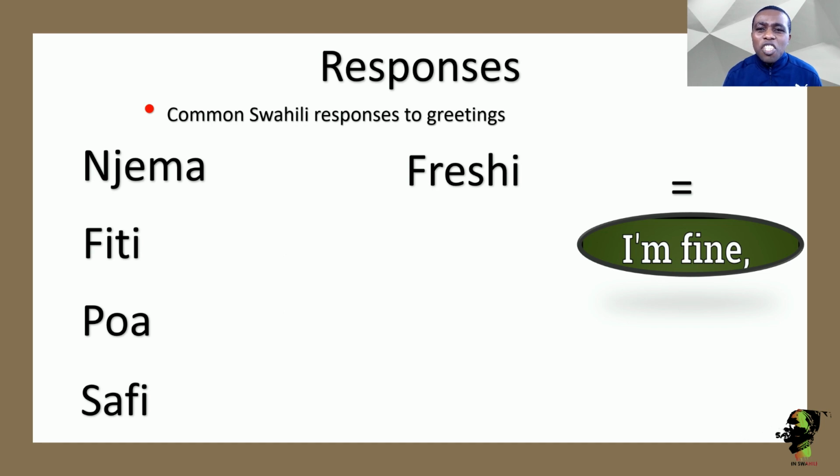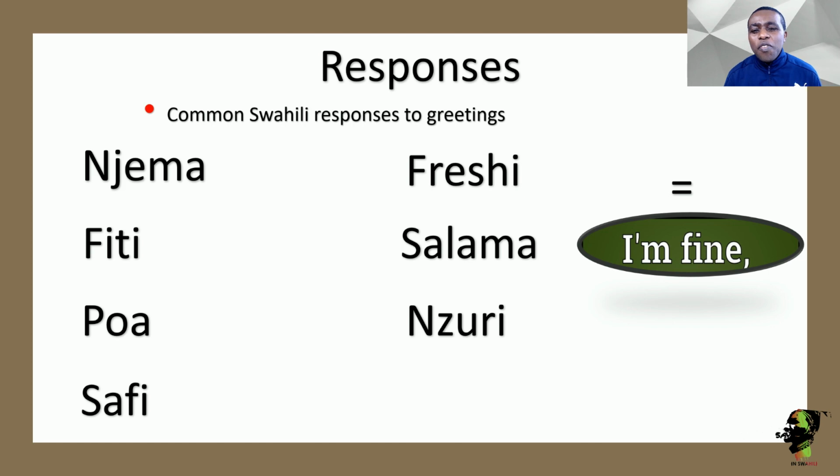Freshi, things are fresh. Salama, things are peaceful. It comes from the Arabic greeting Assalamu alaikum, alaikum salam. Salama, peaceful. And the last one is nzuri, fine.